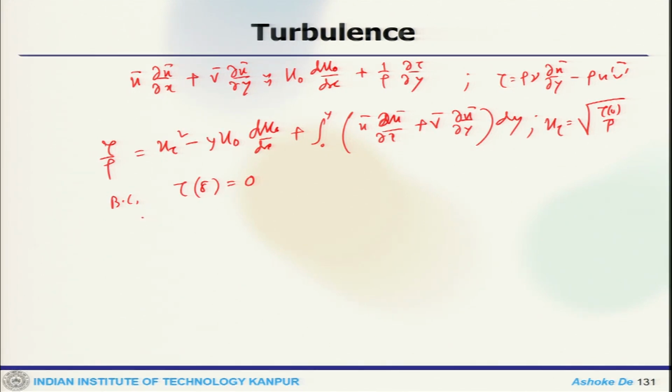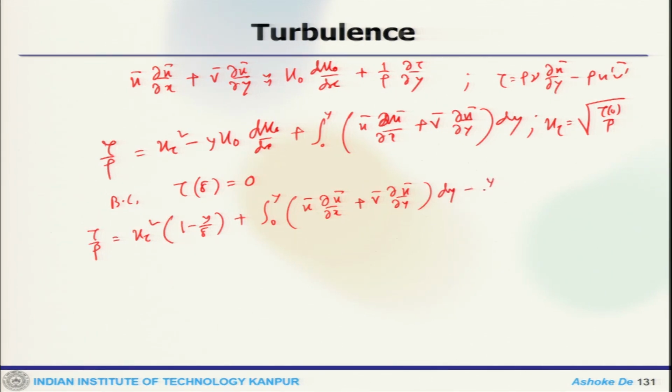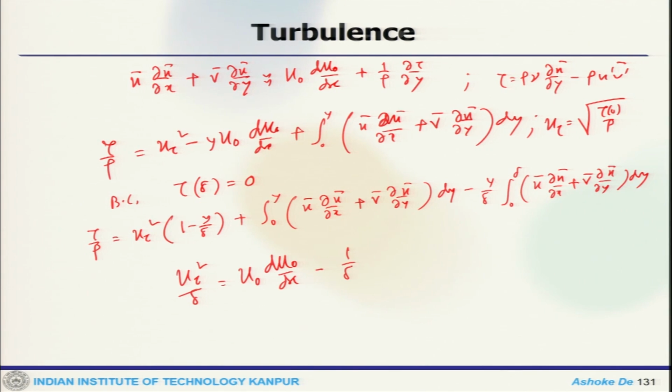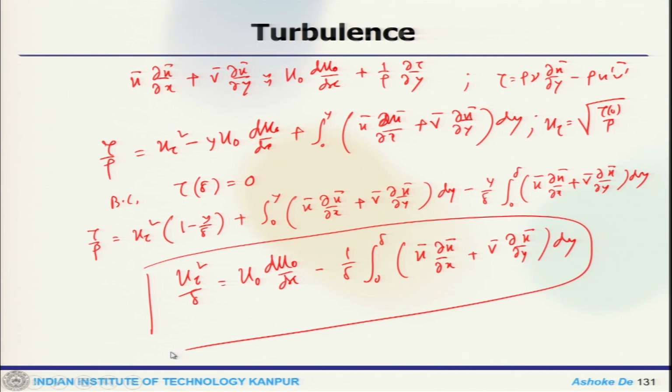If we put that in, what we get is tau by rho equals u tau square multiplied by 1 minus y by delta, plus an integral term from 0 to y, where u tau square by delta is u naught du naught by dx minus 1 by delta, the integral from 0 to delta of u bar del u bar by del x plus v bar del u bar by del y dy. So, this is what you get.